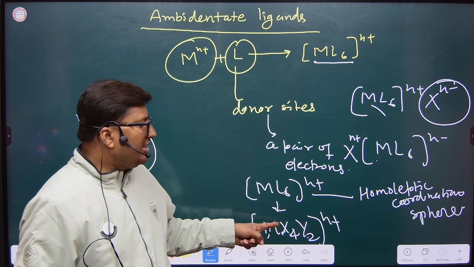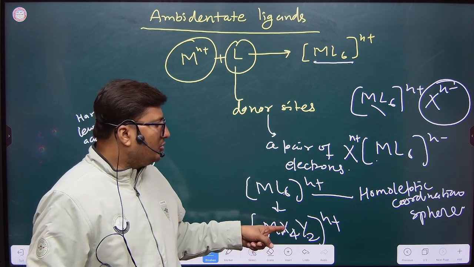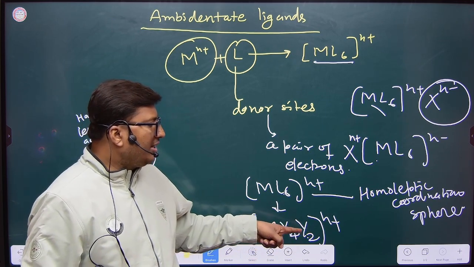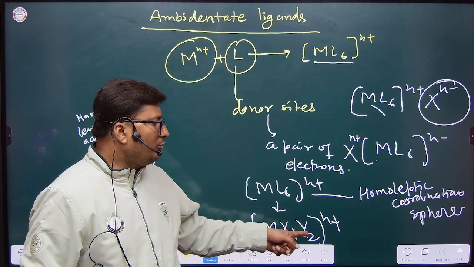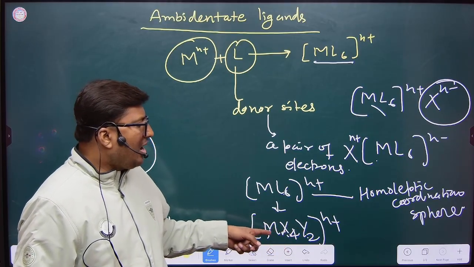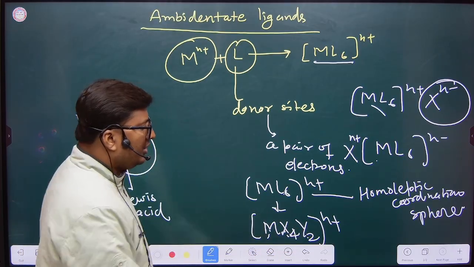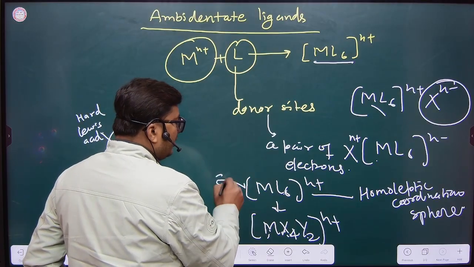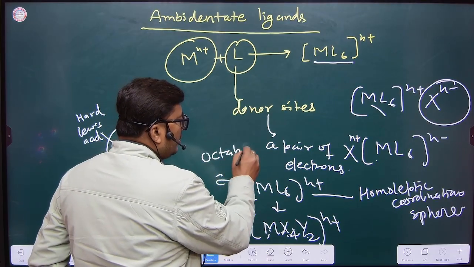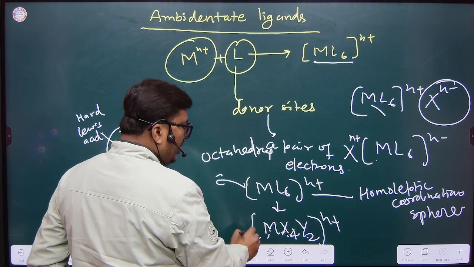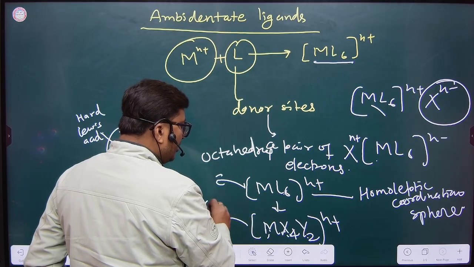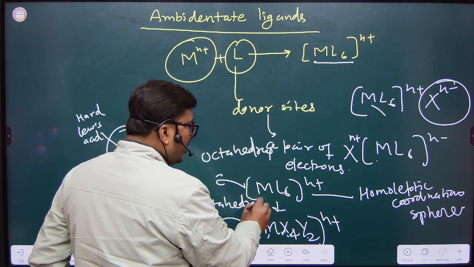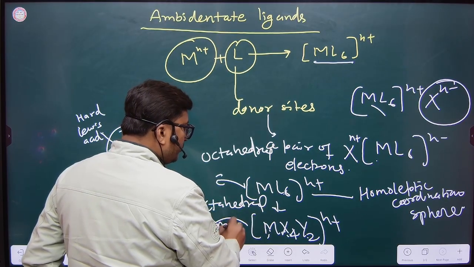X type ligands are a total of 4 and Y type ligands a total of 2, so overall 4 plus 2 is 6. It means this also has octahedral geometry.